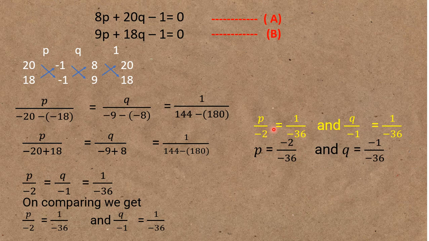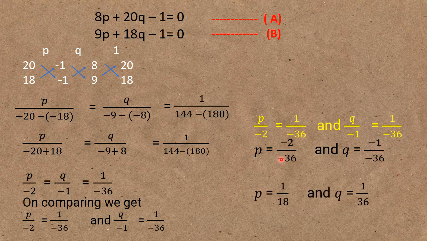This minus 2 goes to the numerator position when it is cross multiplied with 1. So p is minus 2 upon minus 36. Similarly, this one goes to the numerator place when we cross multiply it. So q is equal to minus 1 upon minus 36.